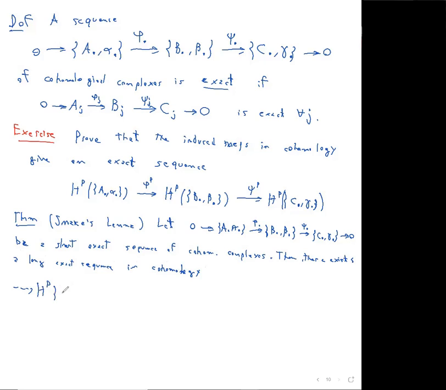So you have the cohomology of A. Then you use the standard map here, the induced map. Again here, just the induced map, so nothing fancy. Let's say this part we know is exact.